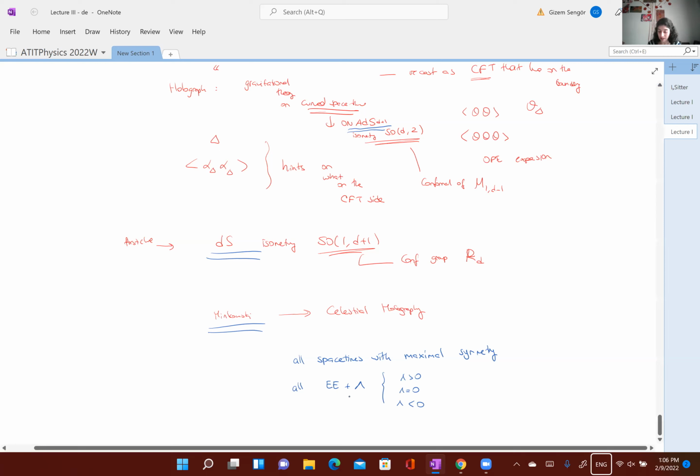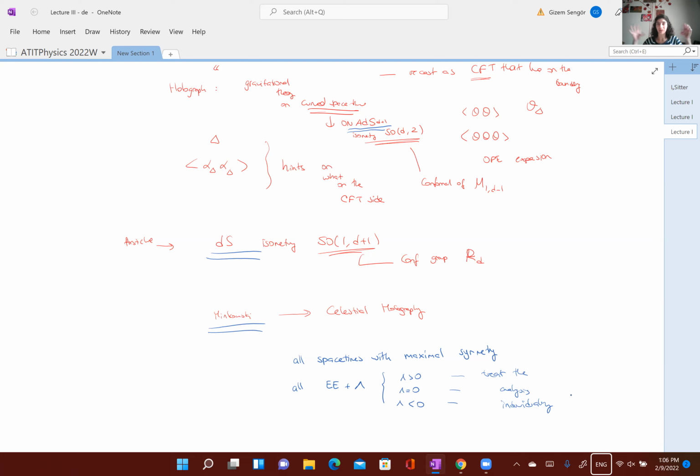And for each case, for each lambda, it will be different. You have to treat the analysis individually. But I told you very basic things like Penrose diagrams and representations, but all of that can be repeated for a lot bigger, more general questions. And this will be my last sentence.